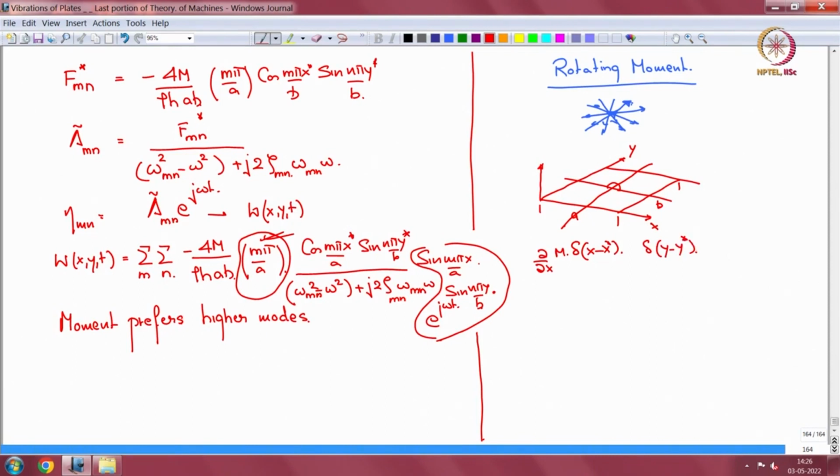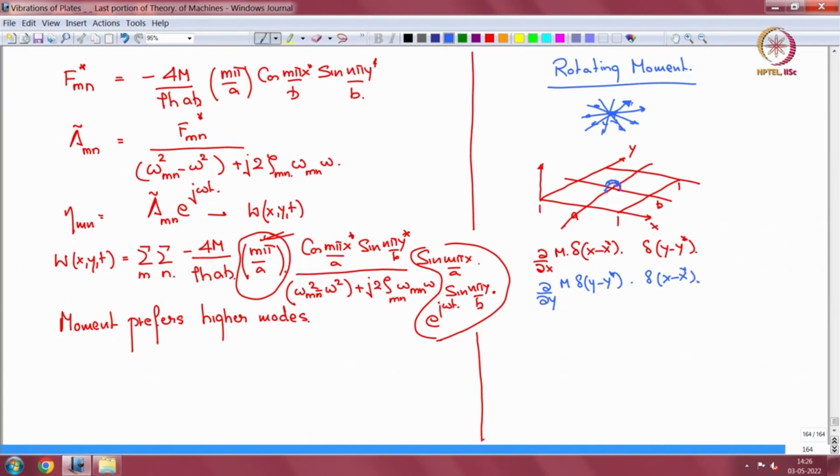Okay. So, now suppose there is a similar moment aligned the other way along the y direction like this. The other one was along x direction, this is along y direction. So, then I will have del by del y of m delta y minus y star into delta x minus x star.